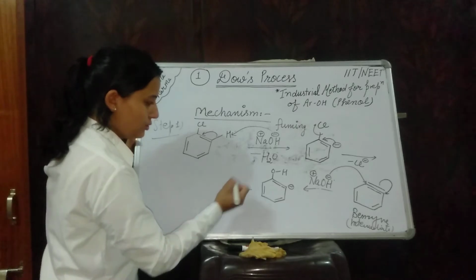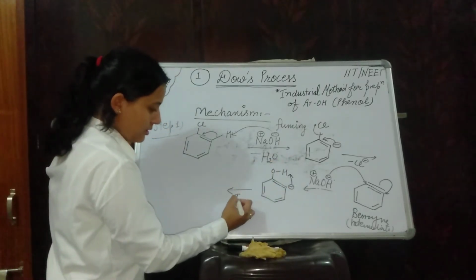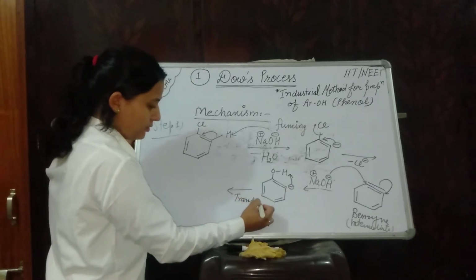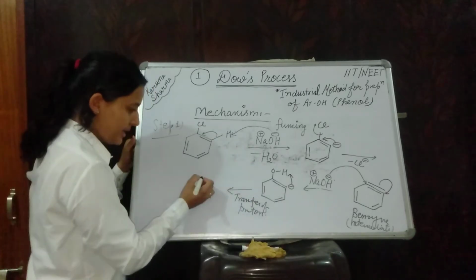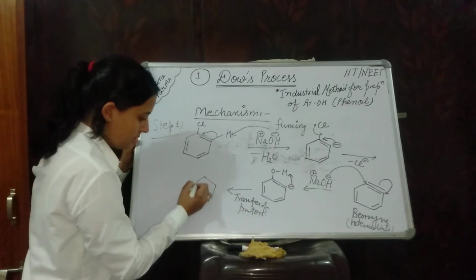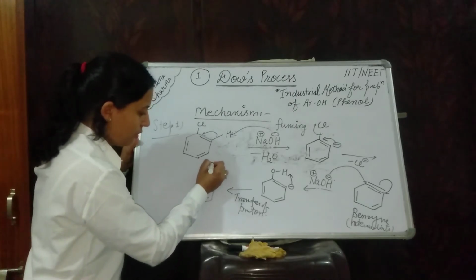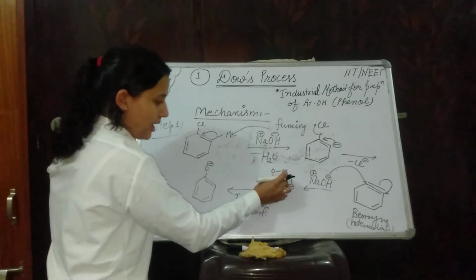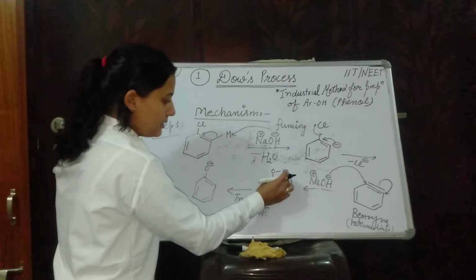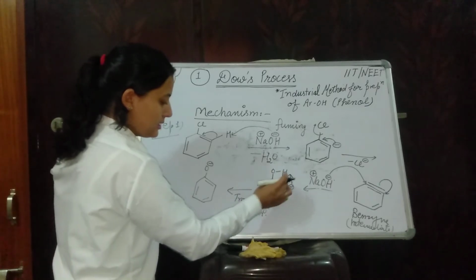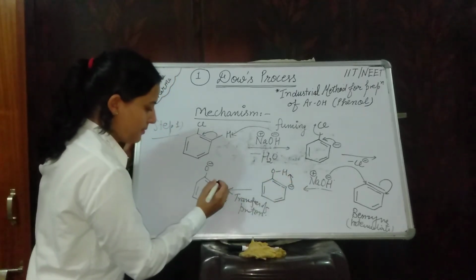Now in this molecule, proton transfer takes place and it will be converted into O negative as H will leave from the system and H positive, that is proton transfer takes place, and this is a very fast step.